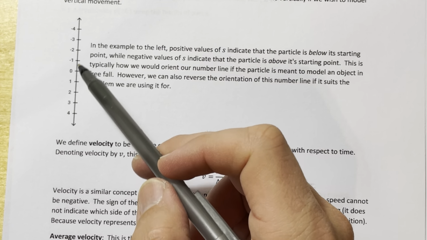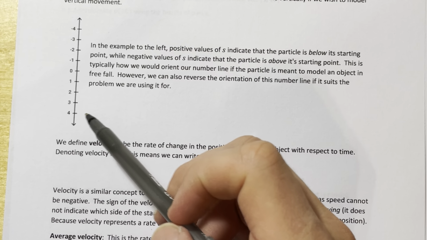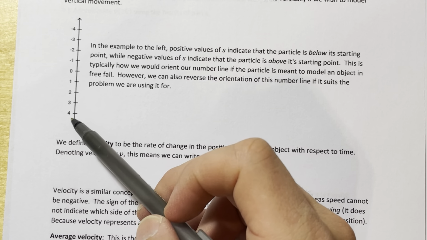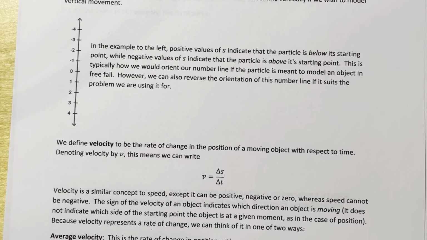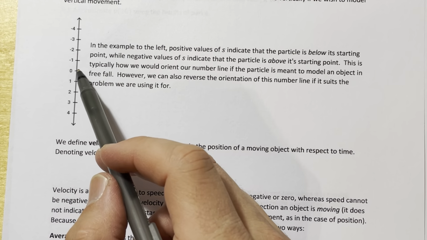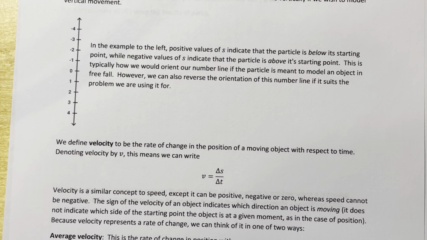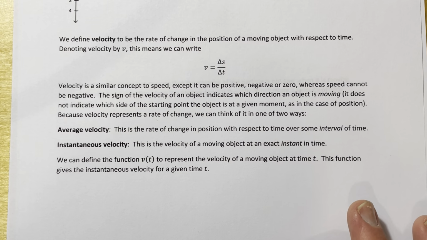Once again, it doesn't have to be represented this way. You can have up be positive and down be negative, but because a problem involving free fall is going to have an object moving downward, it's oftentimes more convenient in those cases to have the downward direction be represented by the positive numbers.